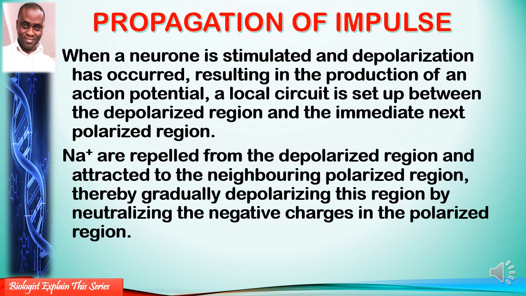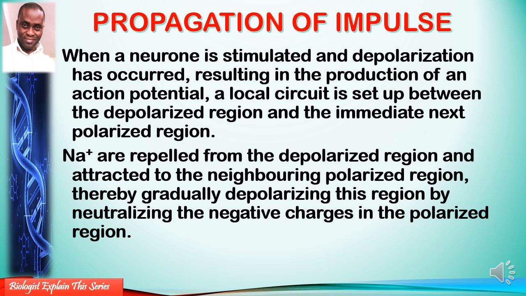Sodium ions, being positively charged and concentrated at the depolarized region, begin to get repelled from that region and attracted towards the adjacent polarized region. So you begin to see a drift where positive charge, or units of sodium ions, are repelled from and attracted to.